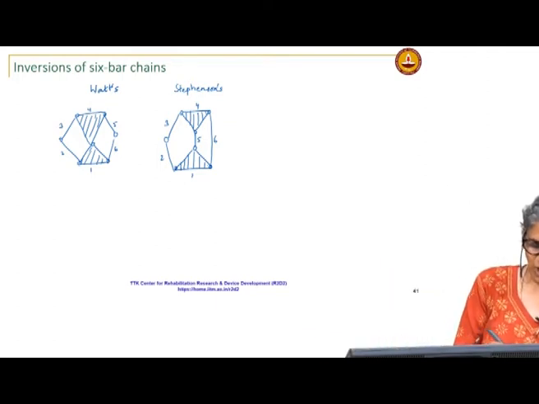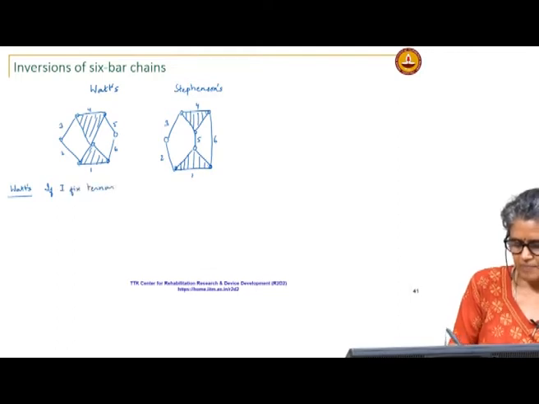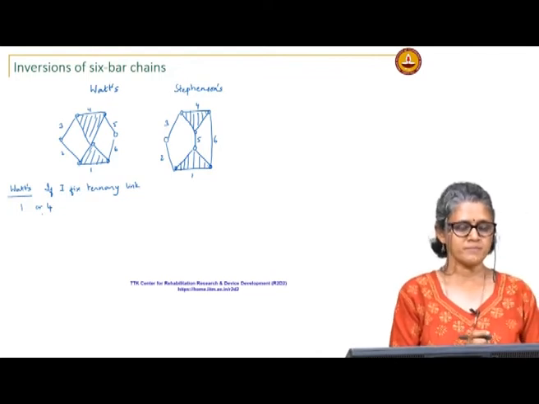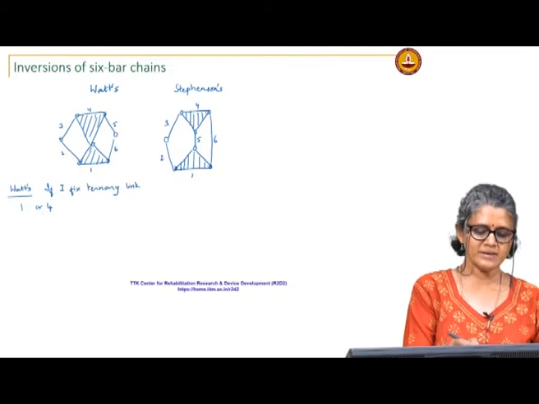In the case of the Watts mechanism or the Watts chain, if I fix ternary link 1 or 4, okay. Say I fix 1, what do I get?